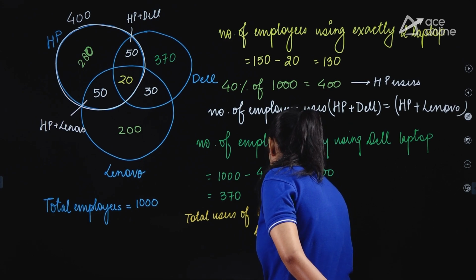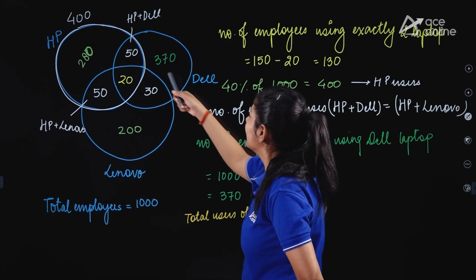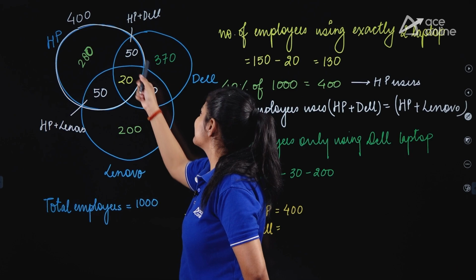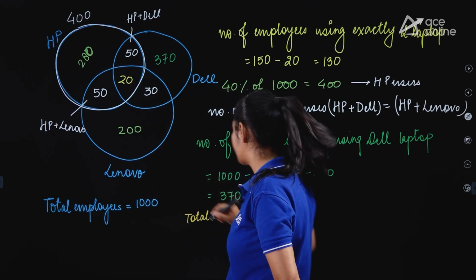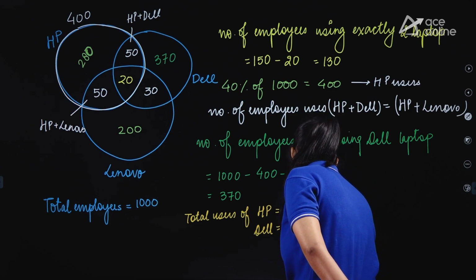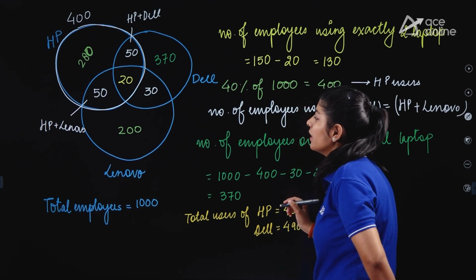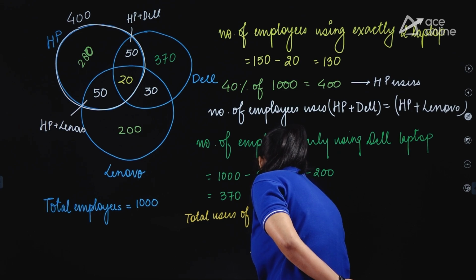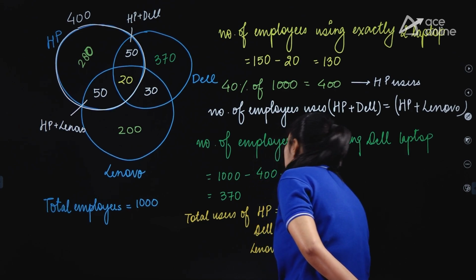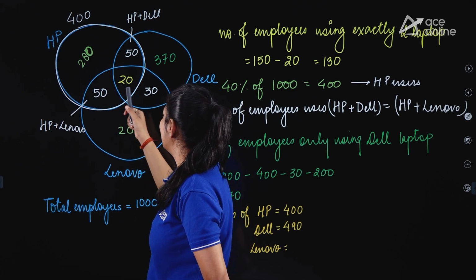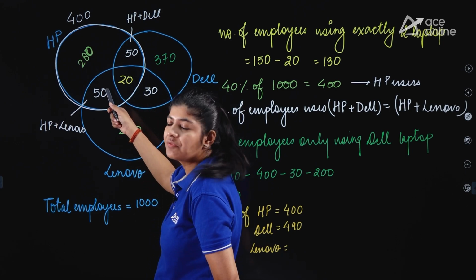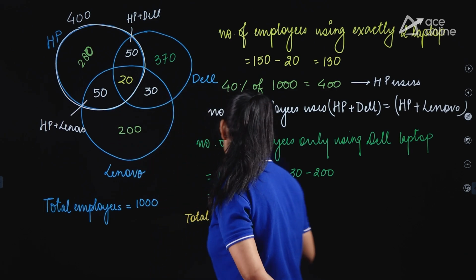For the Dell, basically 370 plus 100 is 470. 470 plus 20 is 490. That is nothing but 490. Now, for the Lenovo, what do we have? We have 20, 20 and here we have 50, 50 and 50, 100, 100 and 200, that is 300.